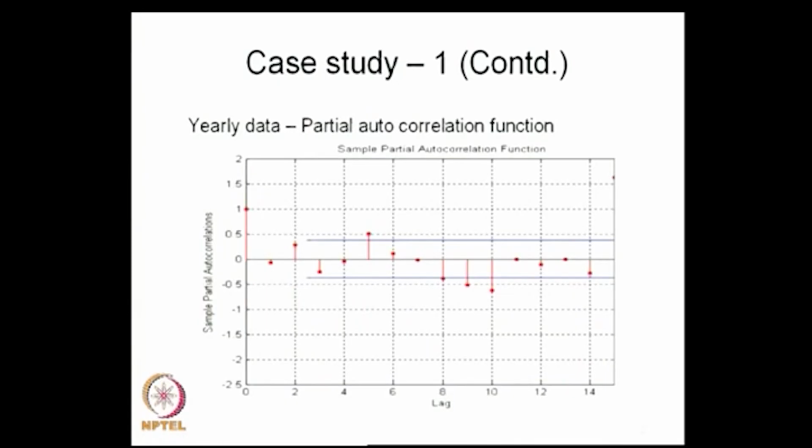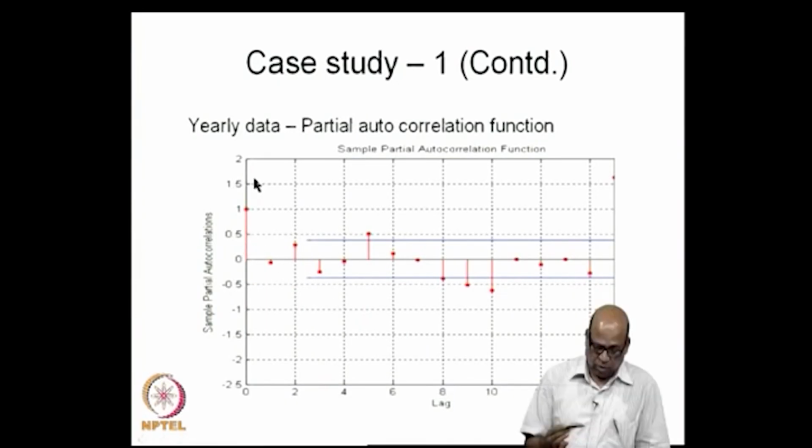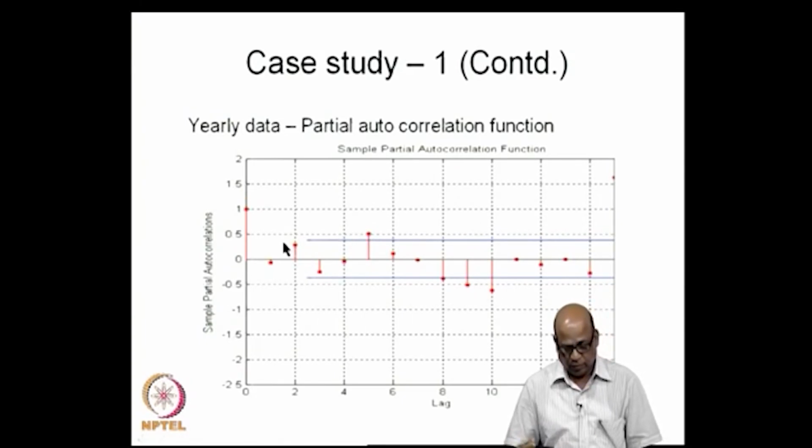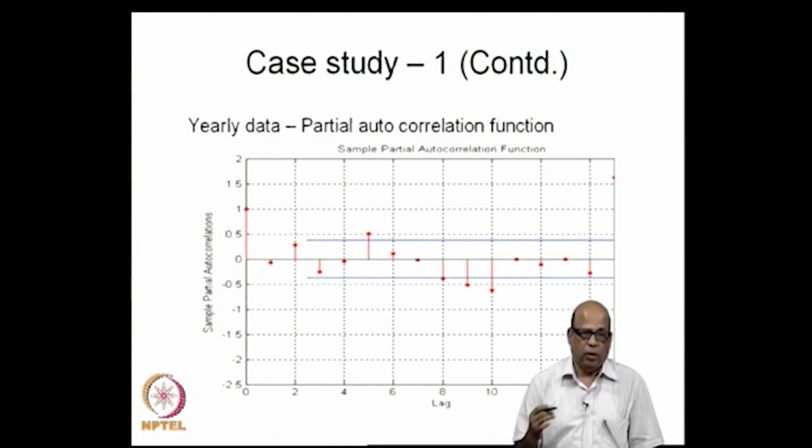Let us look at what the partial autocorrelations say. Partial autocorrelations also bring up the same conclusion: most of them are insignificant, except this and this here somewhere around lag 10 and lag 9, and lag 5 is significant. Lag 0 you leave out.